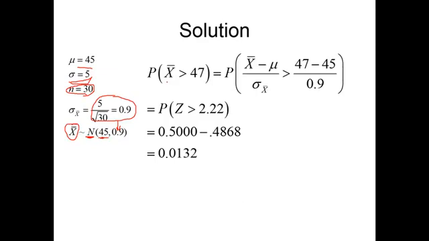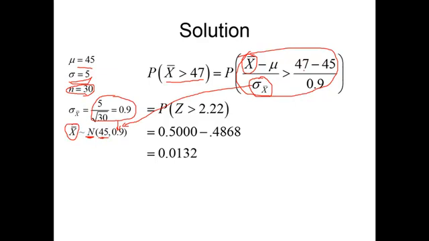We ask, what is the probability that the sample mean is greater than 47? Well, we take the z-score of everything, but since we have the sample mean as our random variable, we have to use the standard error of the mean, which we calculated here.